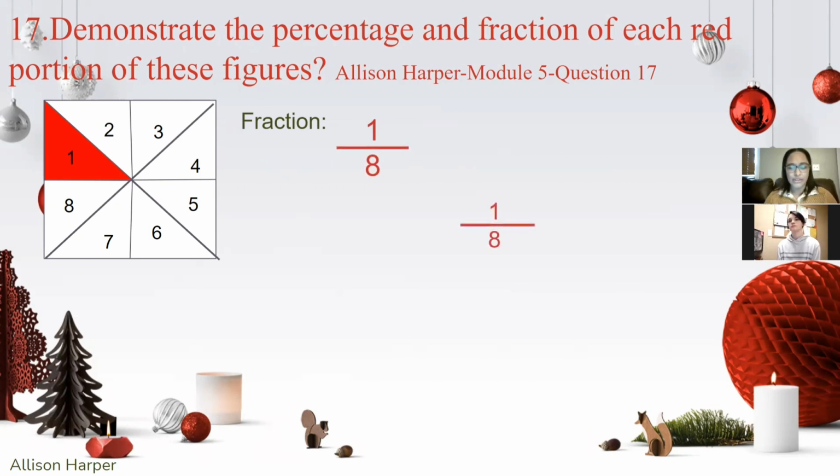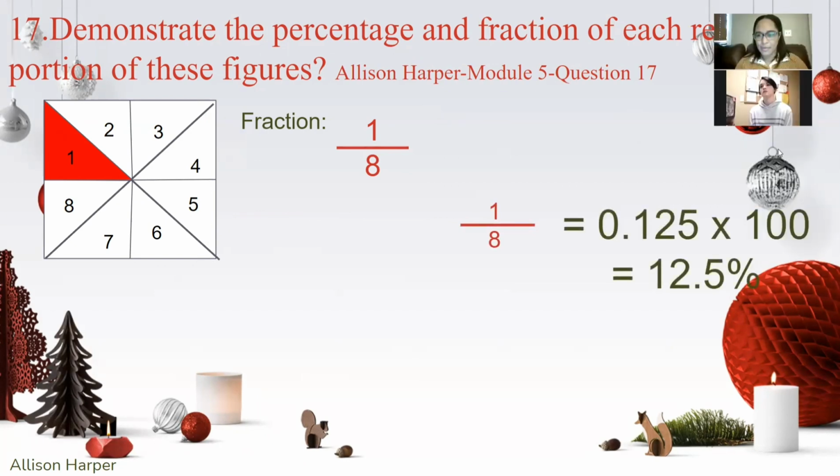And now, to turn this fraction into a percentage, we just take 1 divided by 8, which gives us 0.125. We multiply that by 100 to get 12.5%. So this red section is 12.5% of the entire figure.